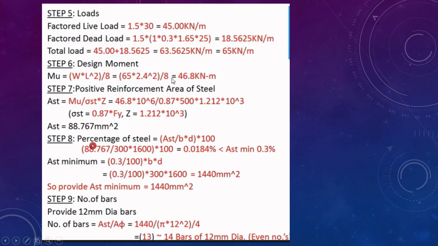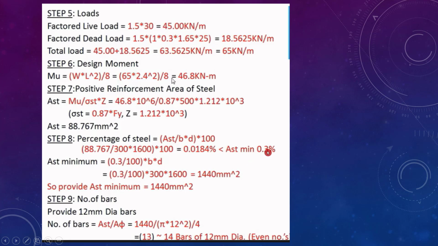So this is the calculation, and we want to check whether we have provided the minimum reinforcement. The percentage of steel is given by AST by BD into 100. We have provided 88.767, divided by the cross sectional area into 100, which gives 0.0184 percent. We have to provide a minimum of 0.3 percent.